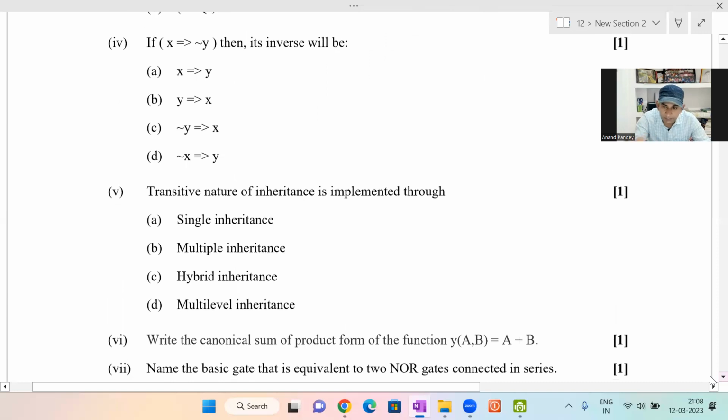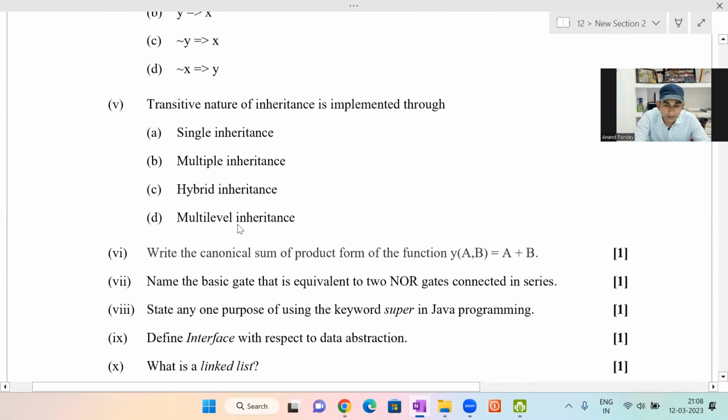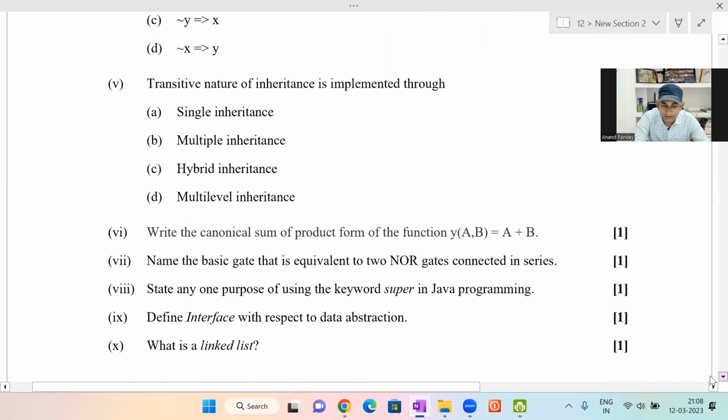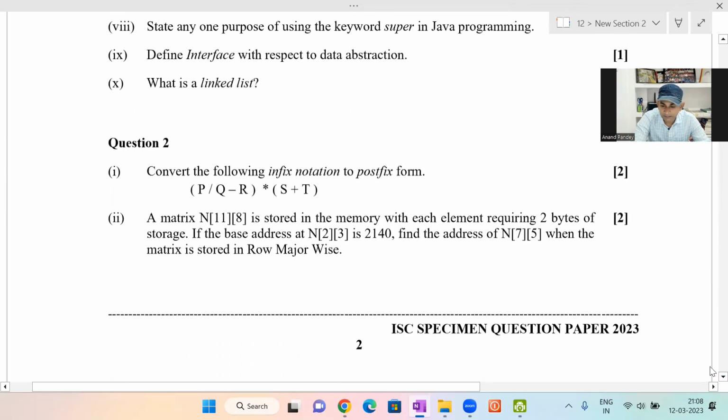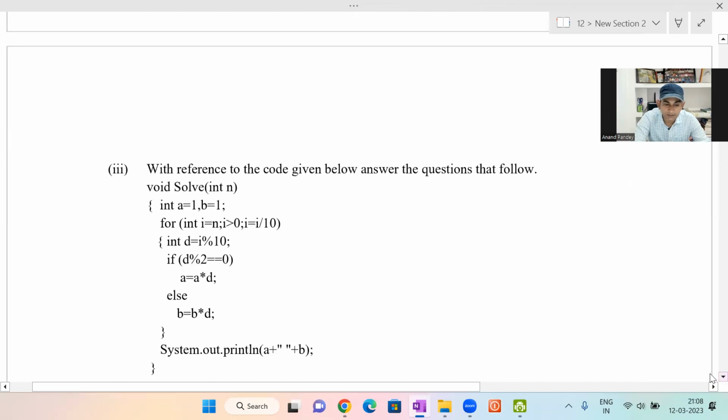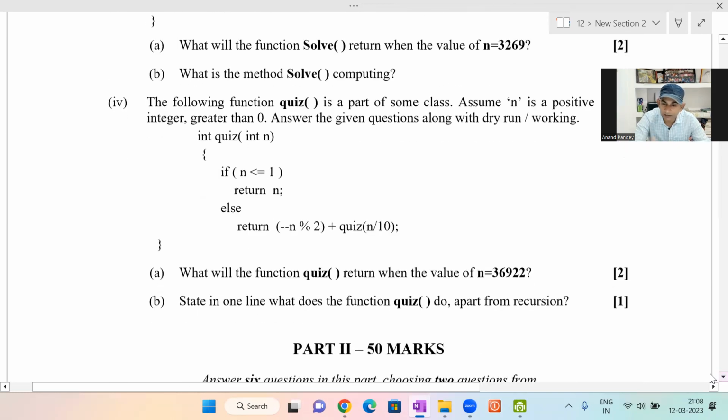4 marks over. Keep on counting. 4 marks. This question is also from there, that Boolean algebra. 5 marks. 6 marks. Then this is from the topic. 6 marks. Then coming down, 6 marks. Then part 1. You can see part 1.